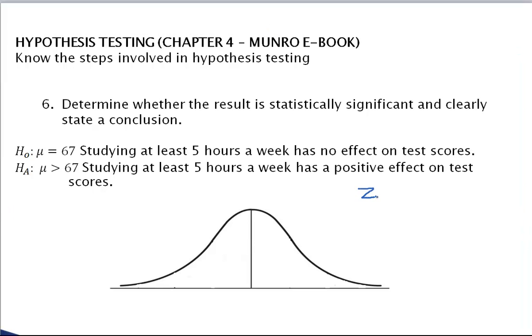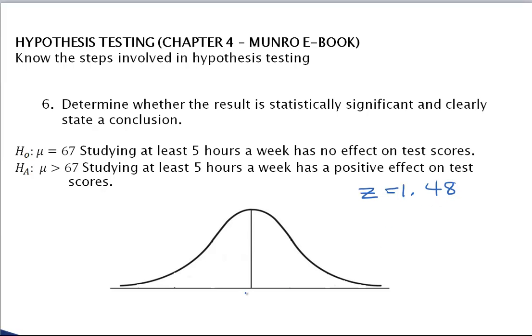We have z equals 1.48, and I rounded that. So I rounded it to the nearest hundredths place. So it was originally 1.4754, and since there's a 5 next to the 7, I round up to 1.48.